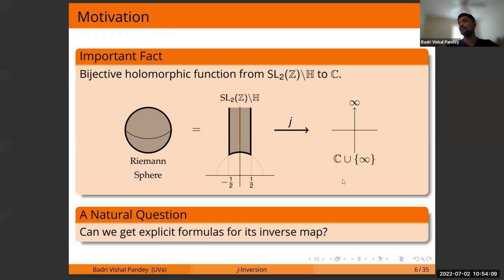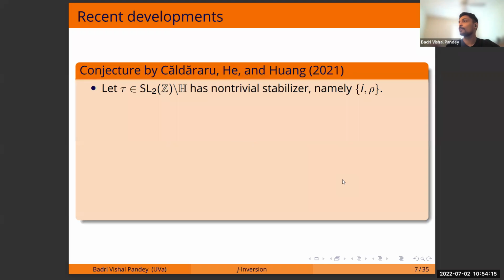You can think of tau as belonging to this fundamental domain, which has non-trivial stabilizers. It turns out that when you're talking about non-trivial stabilizers, there are just 3 points: i, rho, and infinity. And I have excluded infinity here for some reasons, because that's not included in their conjecture, and it has been sort of solved in that case before.